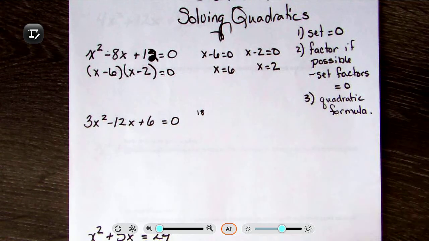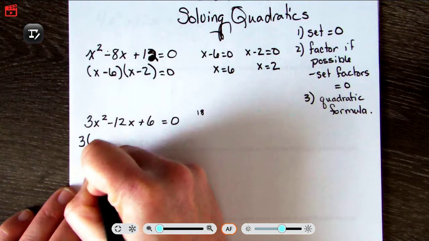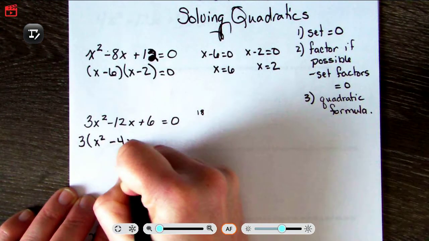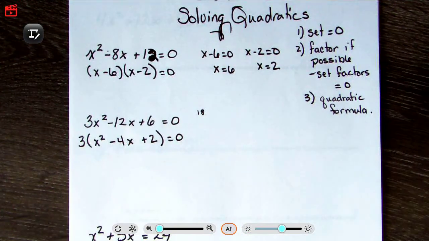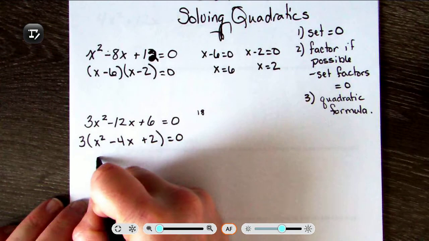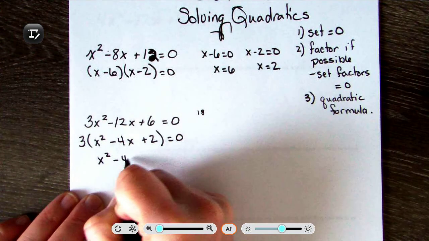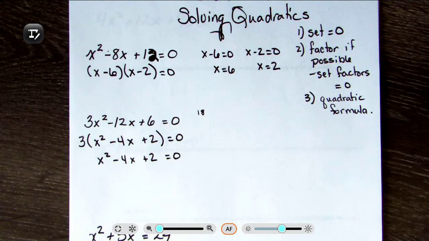Or some of you may have taken a step back and realized, oh, there's a 3 in everything. So we could have factored that 3 out first. Look at that. And then I can divide both sides by 3 to get rid of that 3. So now this basically becomes down to x squared minus 4x plus 2 equaling 0. Leading coefficient of 1.